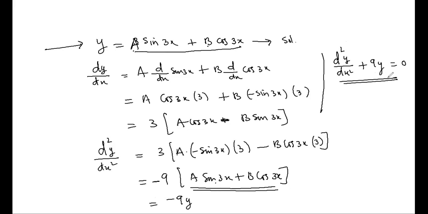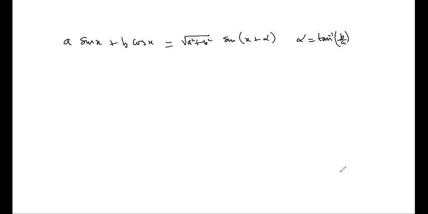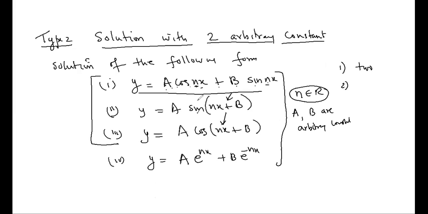Do you understand? Yes, sir. So I can say all of them will work in the same manner. What should I do? First, differentiate twice. So I'm writing the method here.